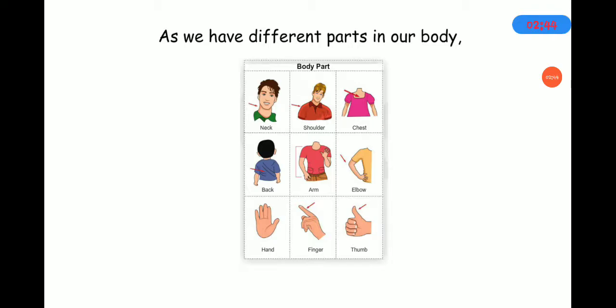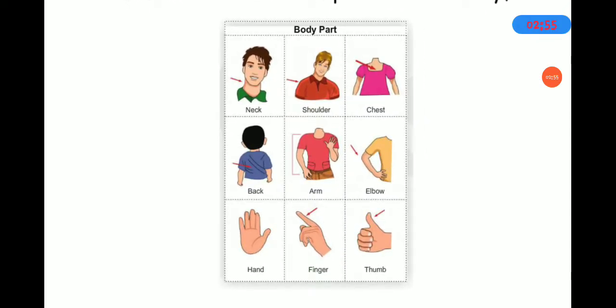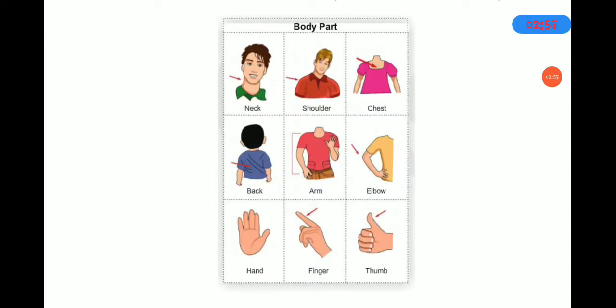Okay. So as we have different parts in our body, आप सबको पता है कि हमारे बॉडी में different parts है. Look at this in this picture that you can see different body parts like a neck, and when it is pointed out also, neck, shoulder, chest, back, arm, elbow, hand, fingers and thumb.